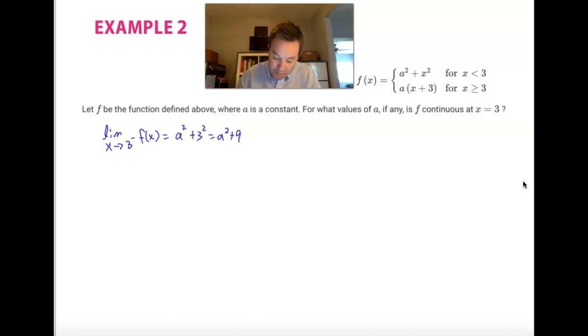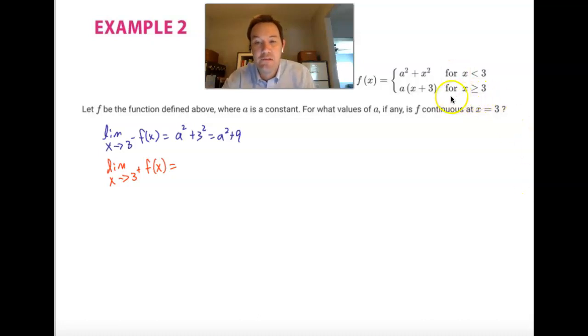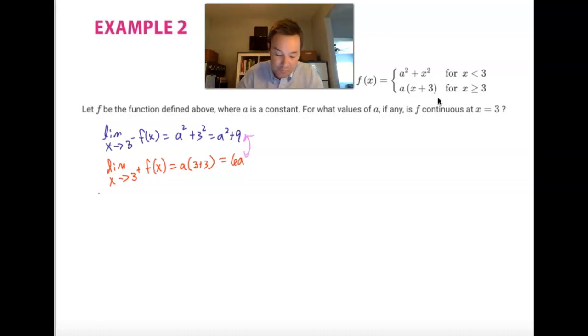Then I'll do the same thing, but now from the right. For that one, I'm going to use the bottom piece, because we're approaching 3 from the right, from larger values. Direct substitution again gives a times 3 plus 3, or 6a.